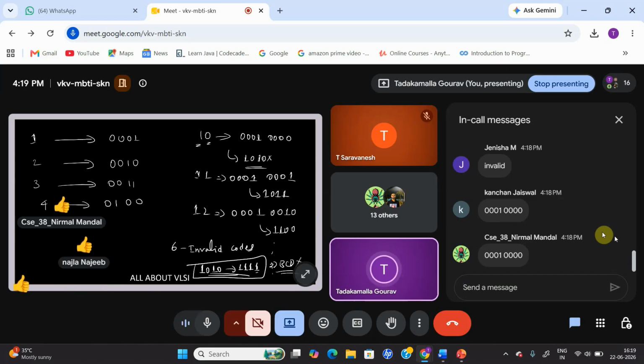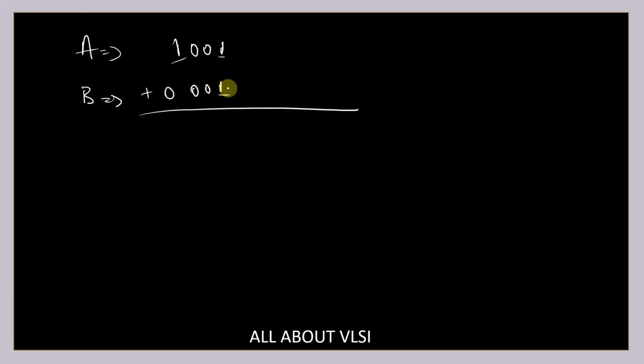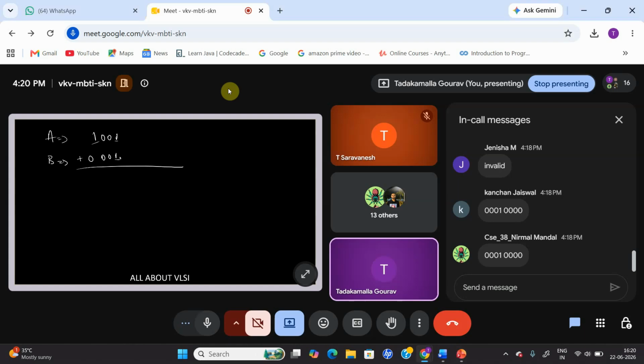And let's say if I want to add two BCD numbers, say A is equal to 1001 and B is equal to 0001. Can anyone tell me the answer if I add these two BCD numbers? If I want to add these two BCD numbers, 1001 and 0001, what is my final answer going to be?